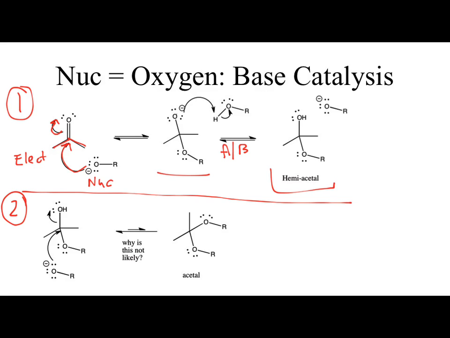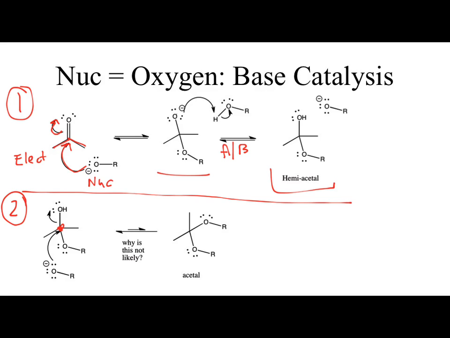Okay? We tried to go through this mechanism before as well. So if we start here, this carbon is still fairly unstable. Why is it unstable? Two oxygens. It's got two very electronegative oxygens attached to it, meaning it's very partially positive. It is susceptible to another nucleophilic attack.